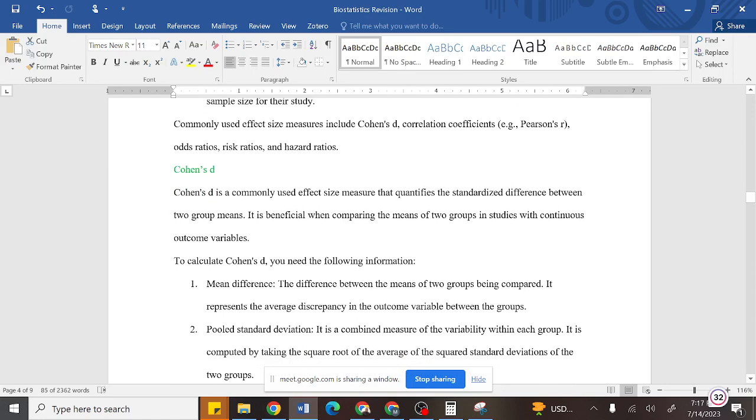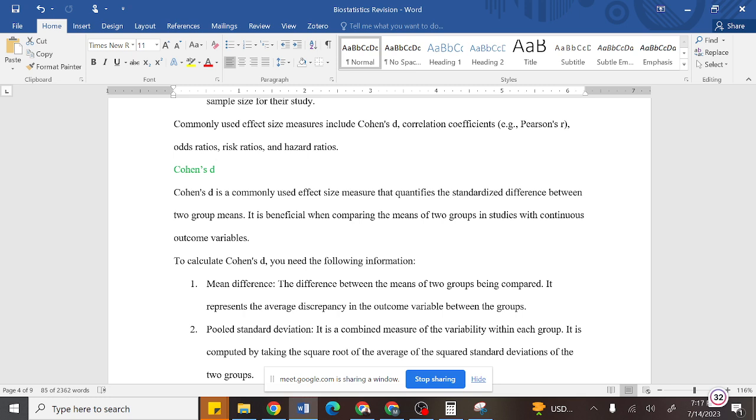Now let us link the effect size, which I've just explained, to different measures. Okay? Commonly, we can determine the effect size using Cohen's d, or we can use what we call correlation coefficients, or Pearson's r, which is an example of the correlation coefficients.